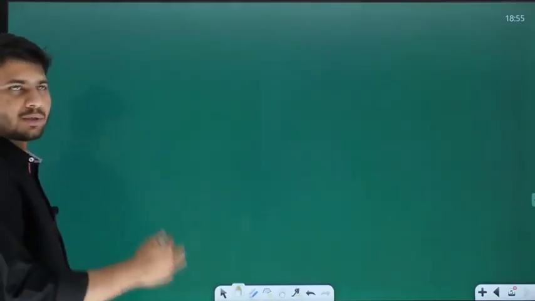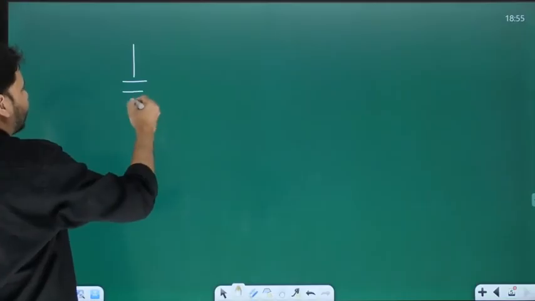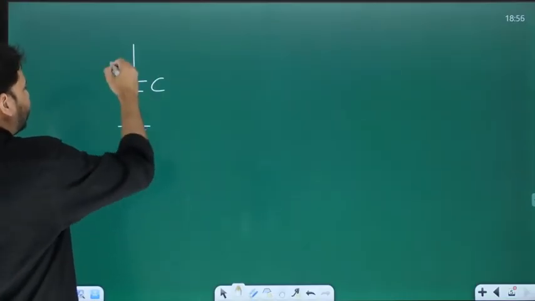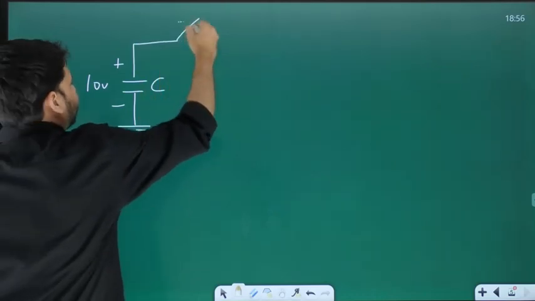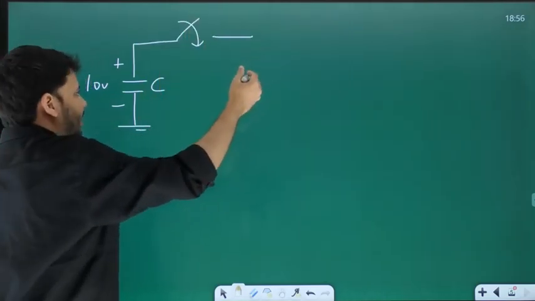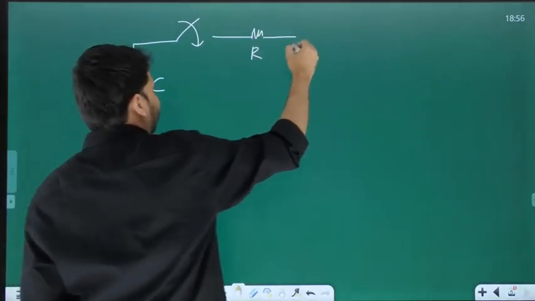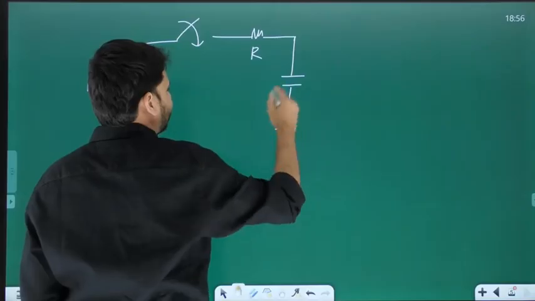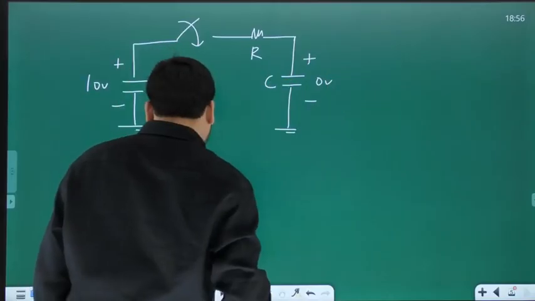Okay. So let me just quickly summarize the earlier example. We had one capacitor C, which is initially charged to 10 volts. And then you had this switch, which is being closed at t equal to 0. And then you had this resistor R. And you had one more capacitor C, which is initially uncharged.